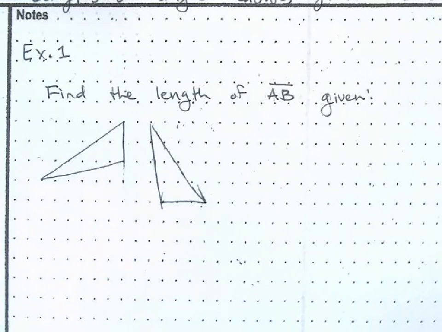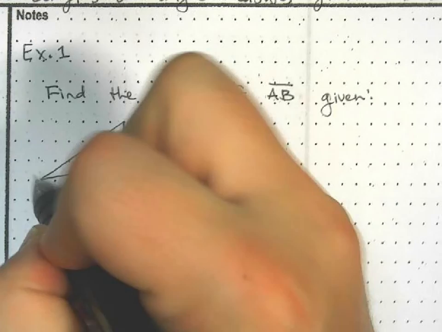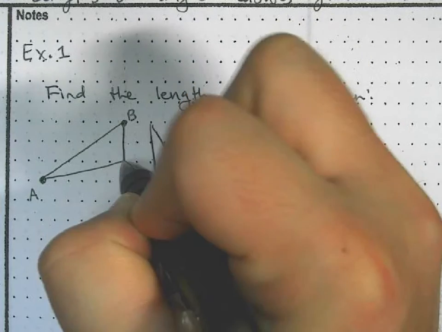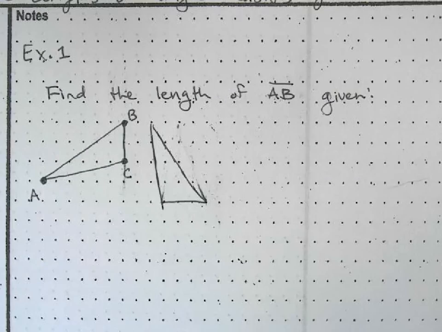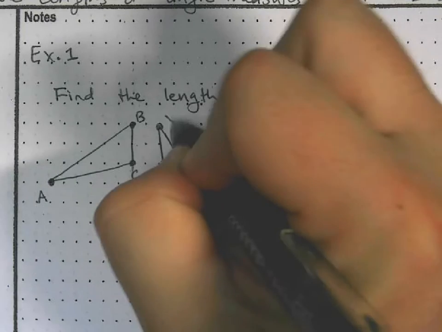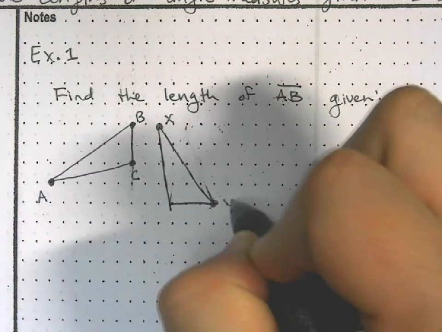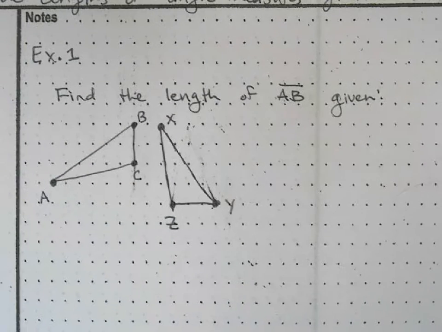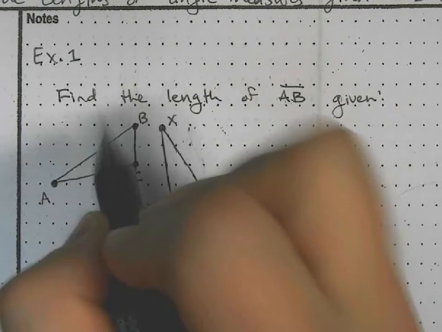Okay, so we got our two triangles. We'll label this one A, B, C, and then we'll label this one X, Y, and Z. And then we're given this information.